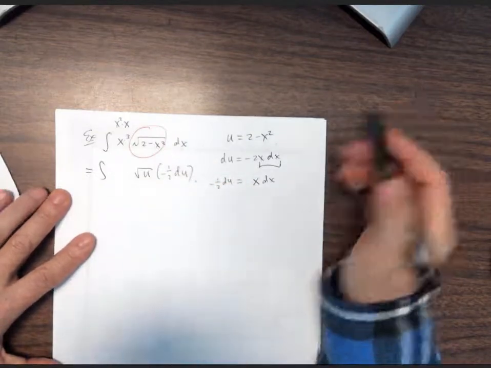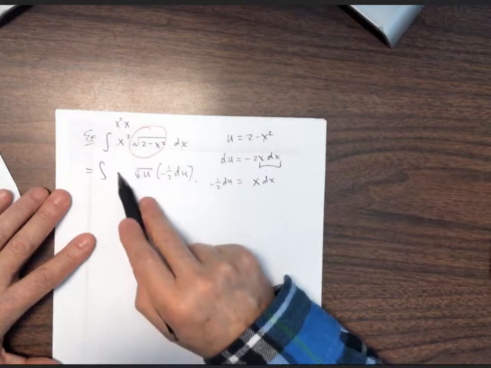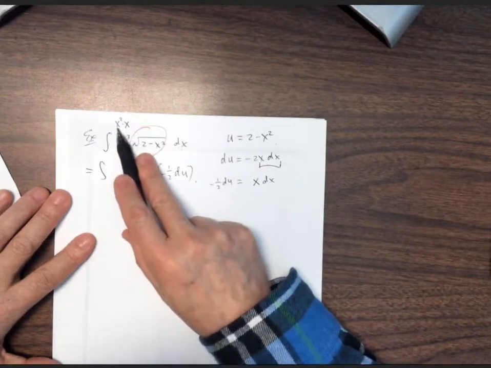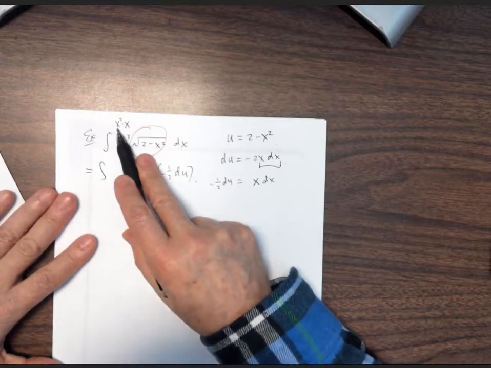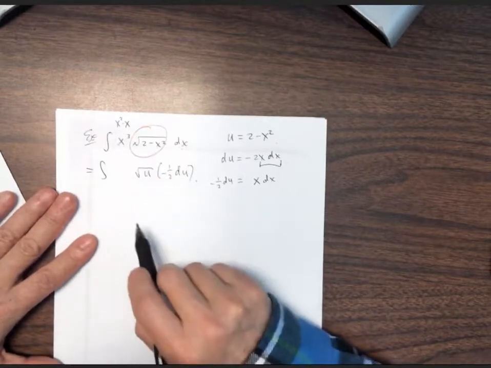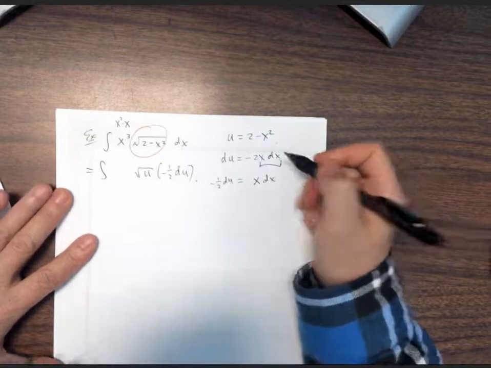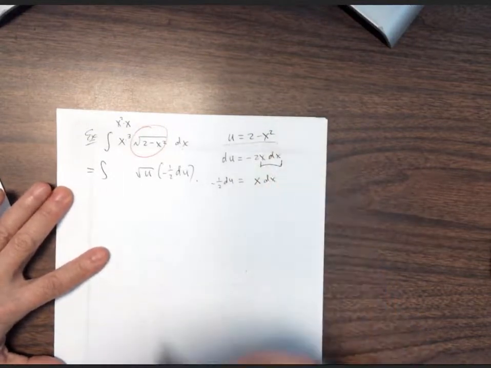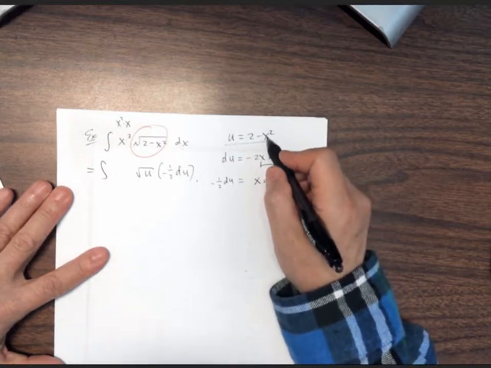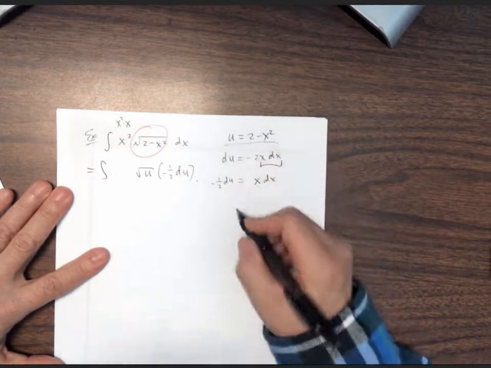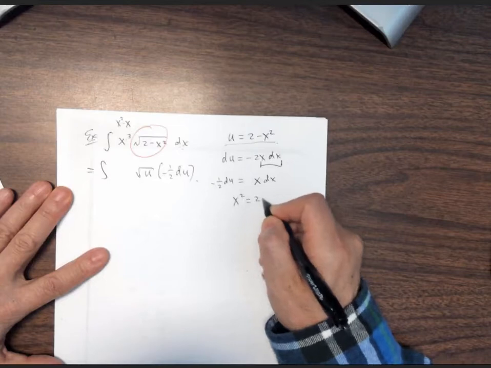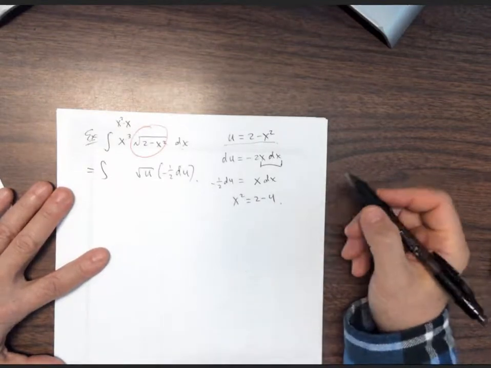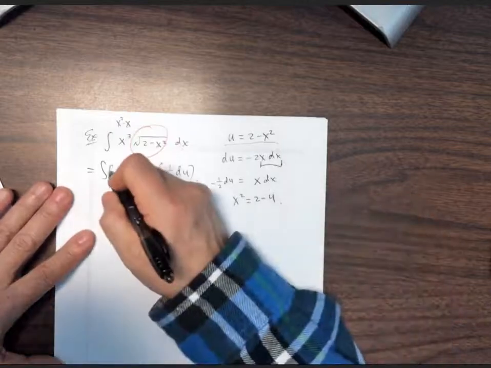Normally it would not work because there's leftover, right? So there's still x squared left. Fortunately, because of the special substitution we use, from the substitution itself, if we move x squared to this side, u to this side, x squared actually equals 2 minus u. We can still get rid of the x squared, the leftover.